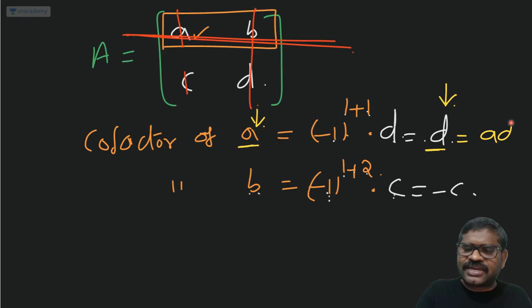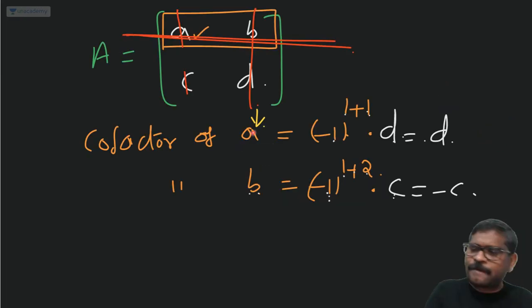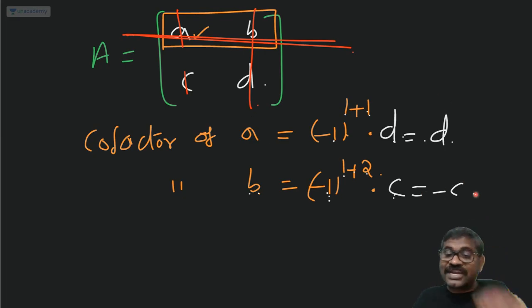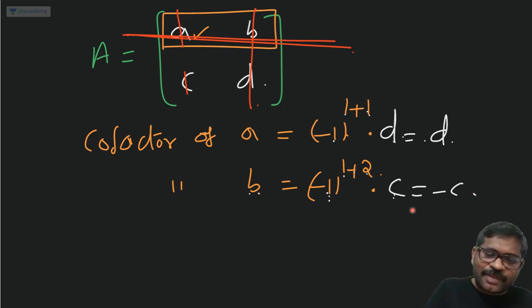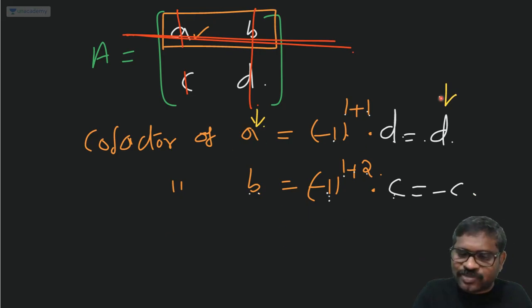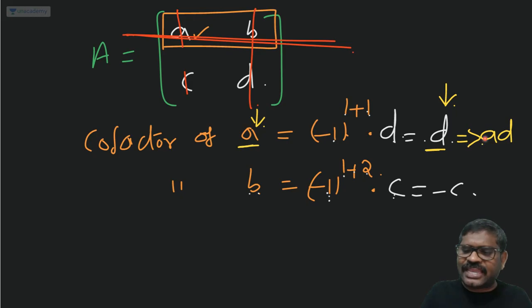What he said: if you take elements of a row, multiply with their corresponding cofactors. If you multiply A with its corresponding cofactor, the result is AD. If you multiply B with its corresponding cofactor, the result is minus BC.